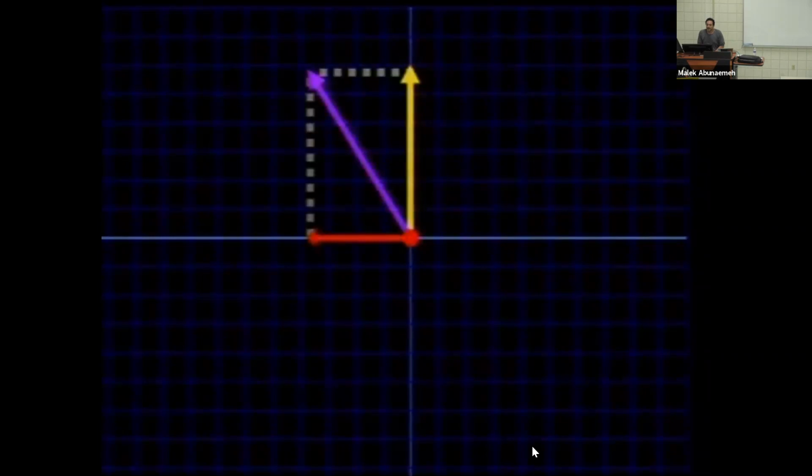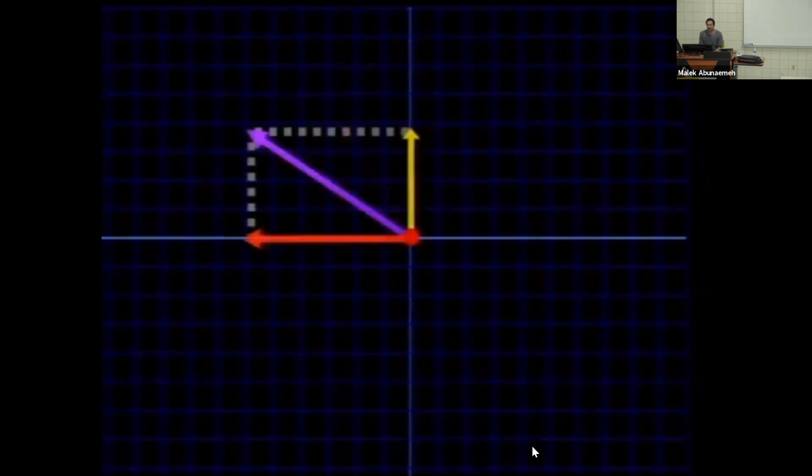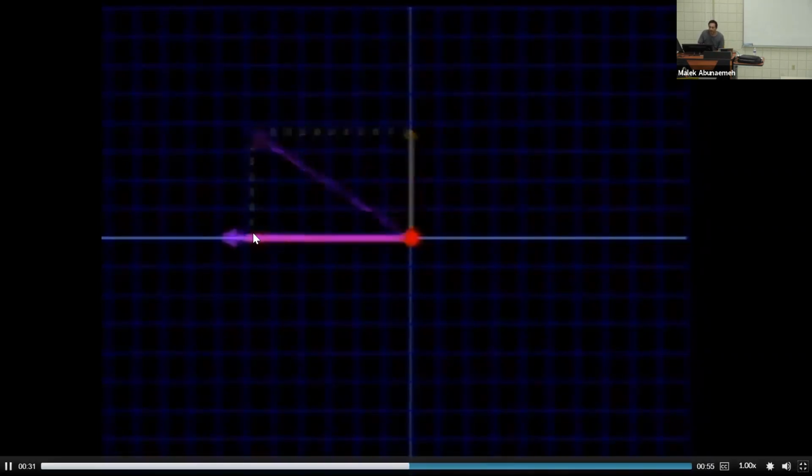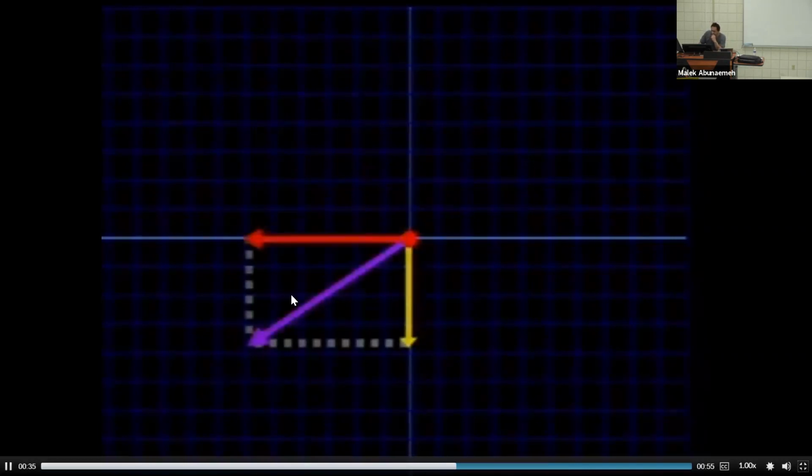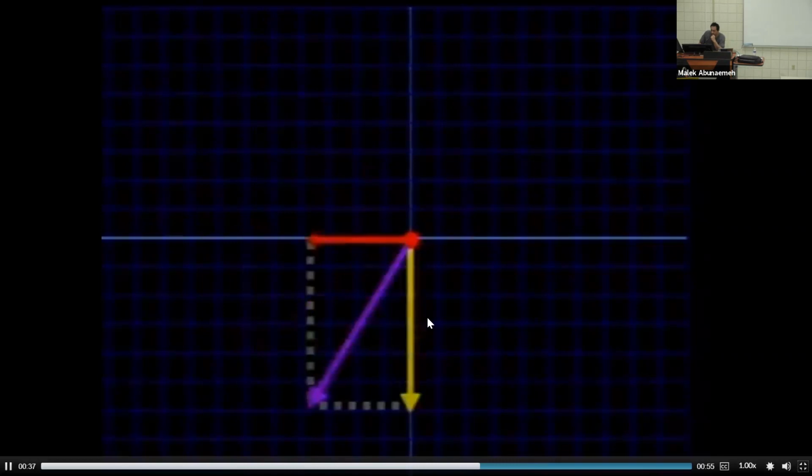Now notice each vector has two components, your x component and your y component, which we're going to be talking about in just a second. Like this one has a y component and an x component.